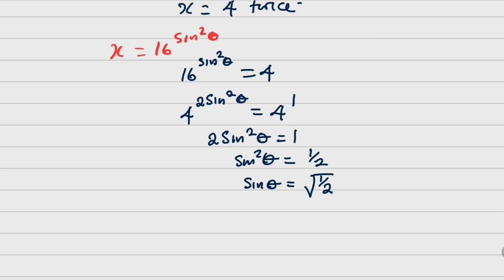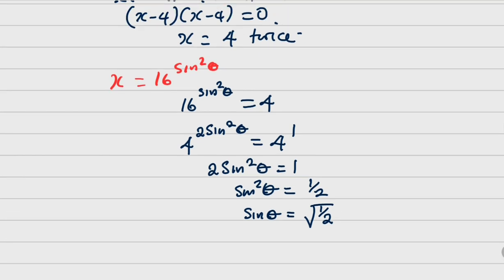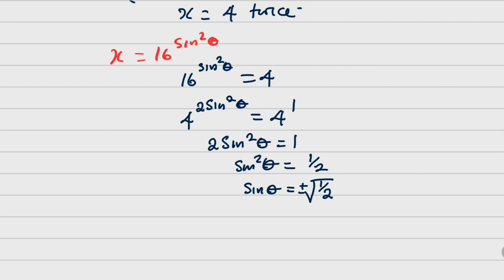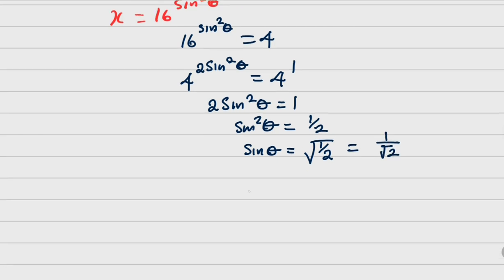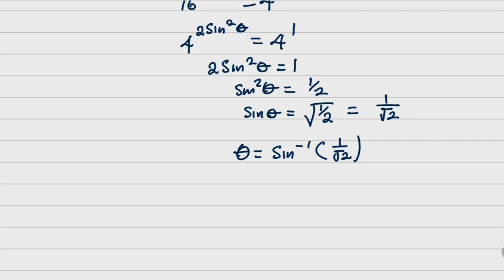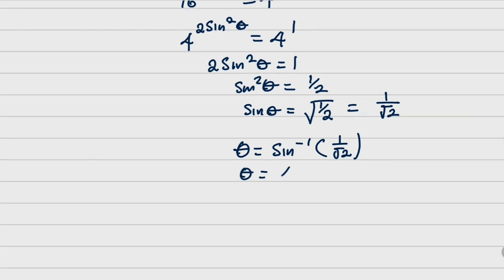Now recall, we are dealing with theta being acute, so I will not put plus or minus, just the positive of it. So it's going to be 1 over root 2, and theta now is going to be sine inverse of 1 over root 2, which is 45 degrees. So that is the value for theta.